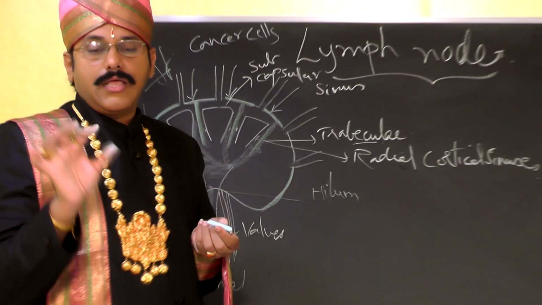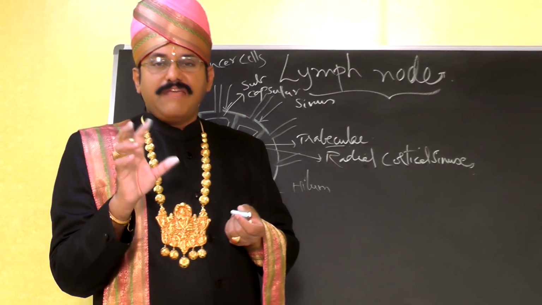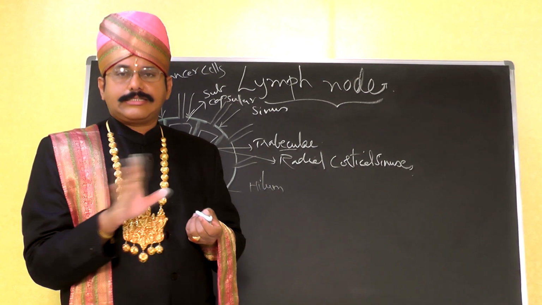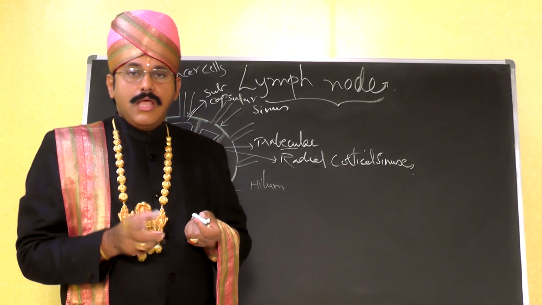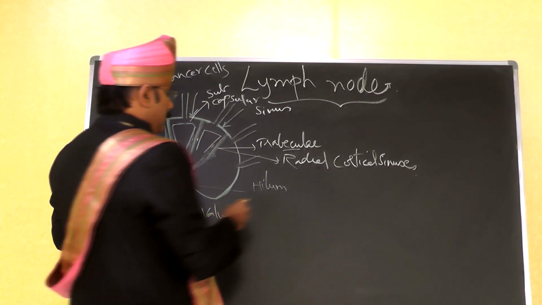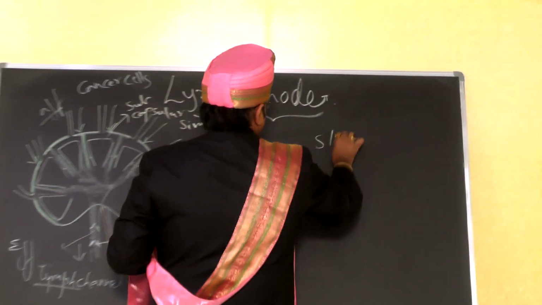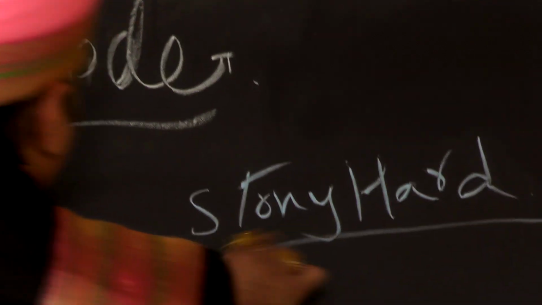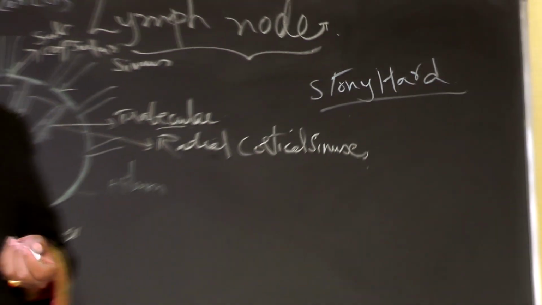So what is happening? The lymph node, which is rubbery to firm in consistency in normal conditions, becomes stony hard if there is a cancer. The consistency of the lymph node changes from rubbery and firm to stony hard.